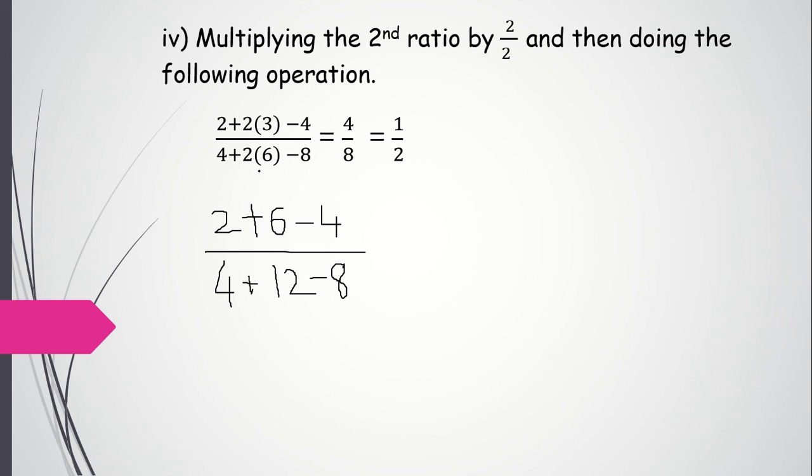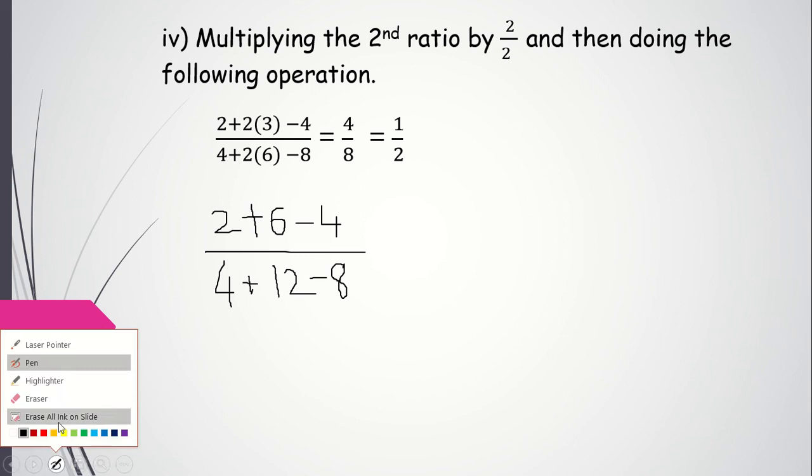So this is 4. Then 12 minus 8 is 4. Or 12 minus 4 we can do. 12 plus 4 is 16. 16 minus 8 is 8. 4 upon 8 is half. So here in this case also we get half.